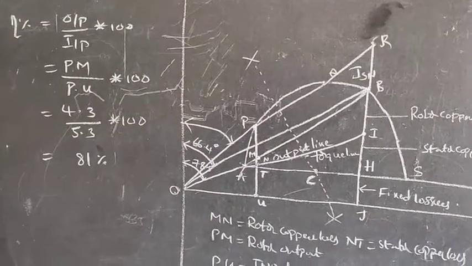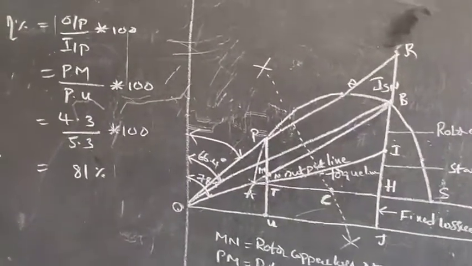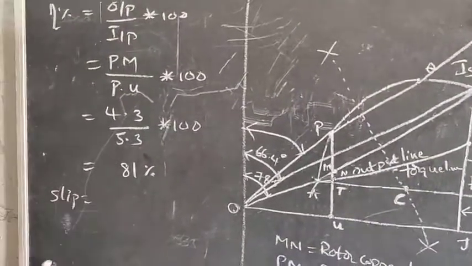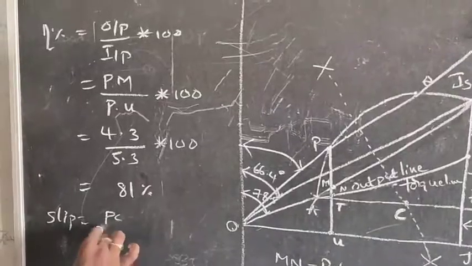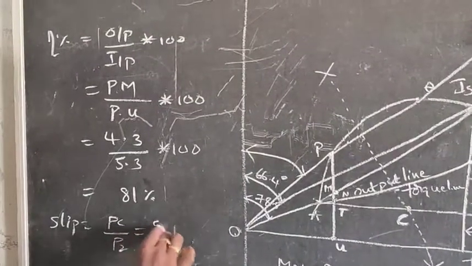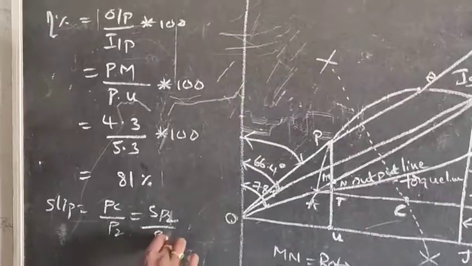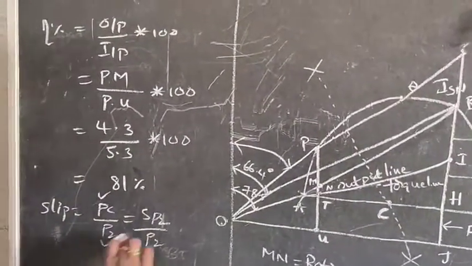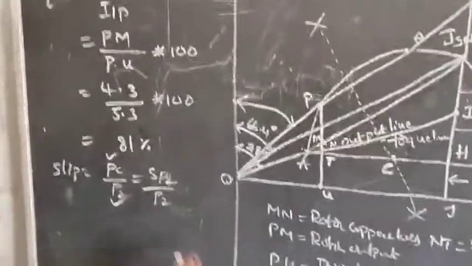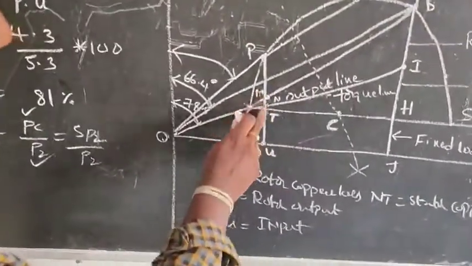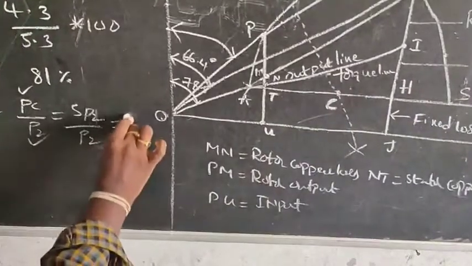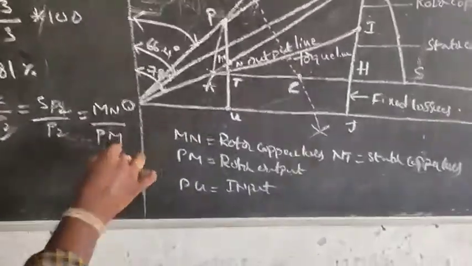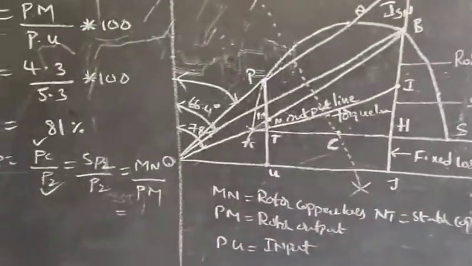Next they ask full load slip. Slip equals Pc by rotor input. Pc equals s P2 divided by P2. Here Pc is the rotor copper loss and P2 is the rotor input. Rotor copper loss is MN, divided by rotor input PM.